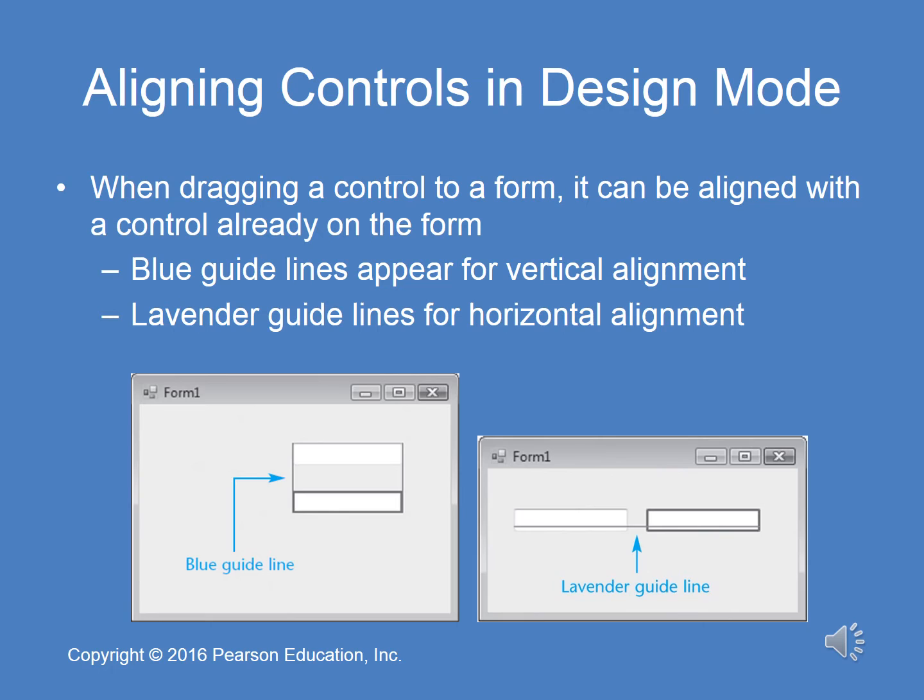I don't even know what lavender is. I guess that's a color. It must be. A lavender guideline comes up to show you horizontal alignment. And the best way to see how this works is to try it. We could talk about this until the cows come home, but you really need to try this.